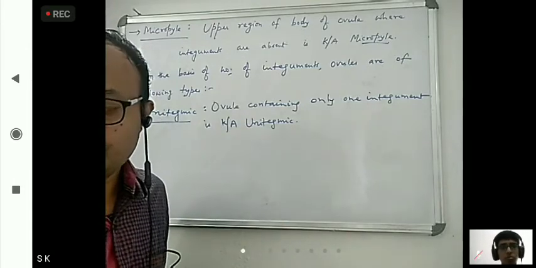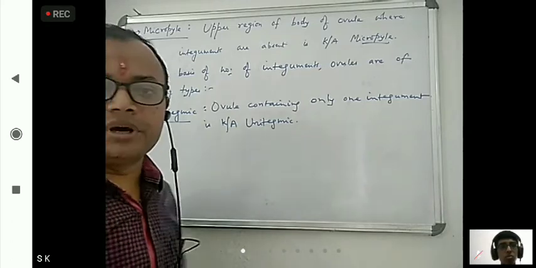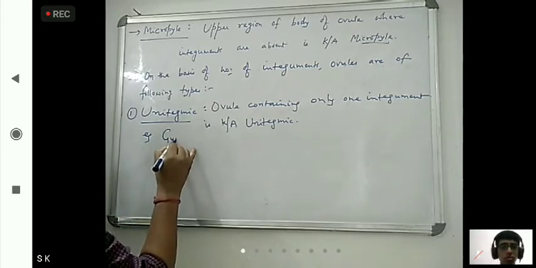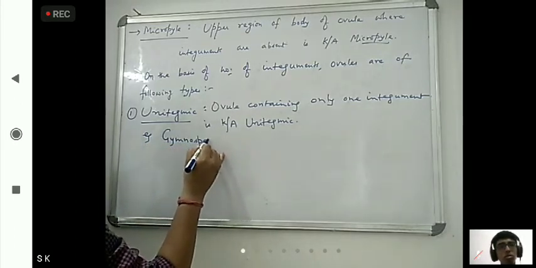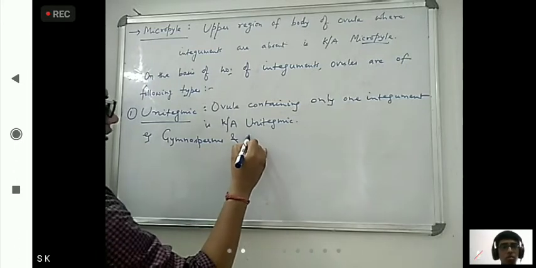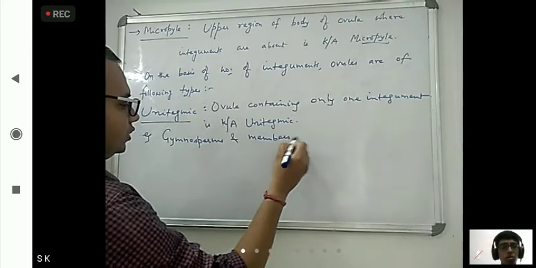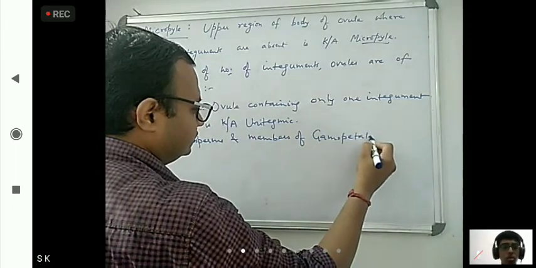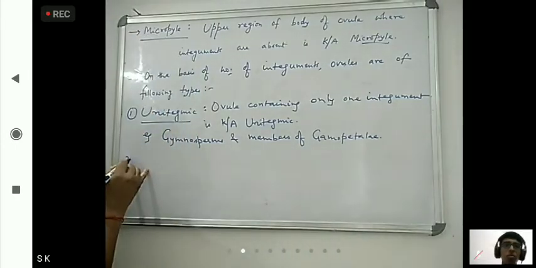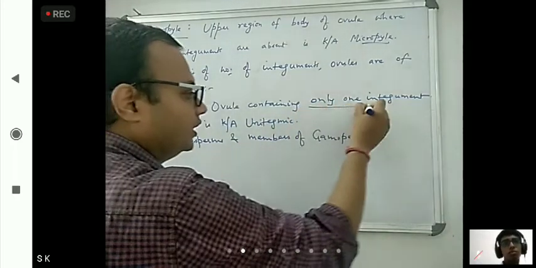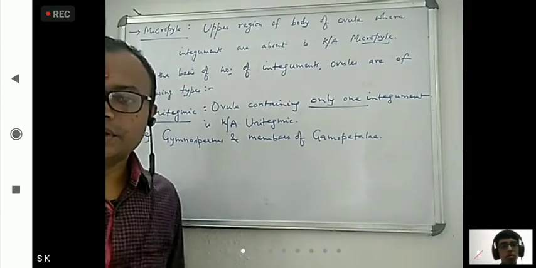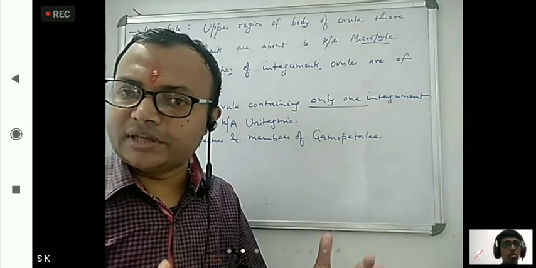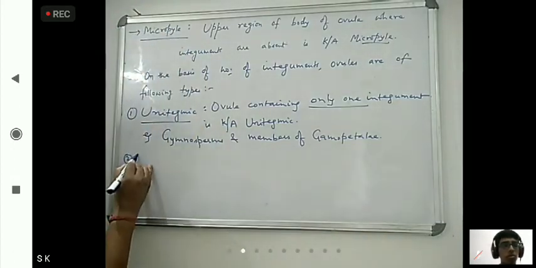Yes, right. So that is gymnosperms and members of Gamopetalae. Now, one I told contains only one integument. If an ovule contains two integuments, that is known as bitegmic.